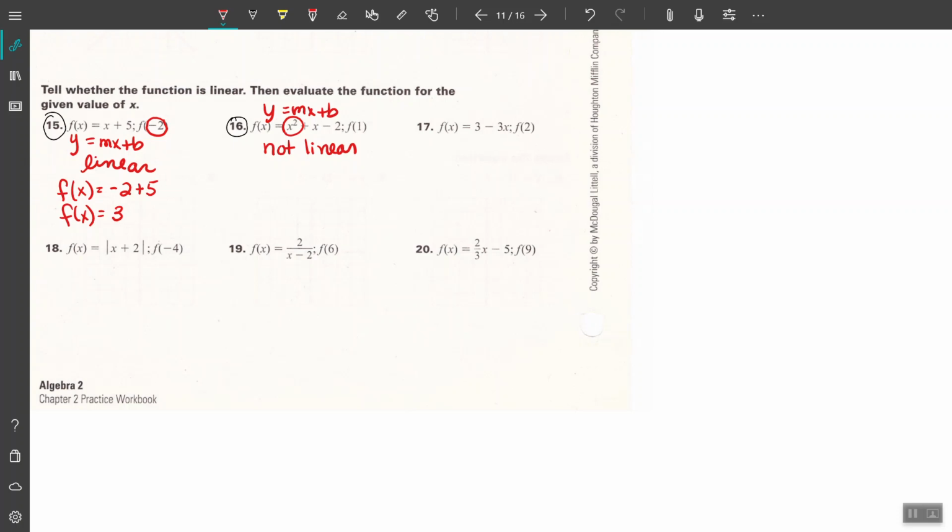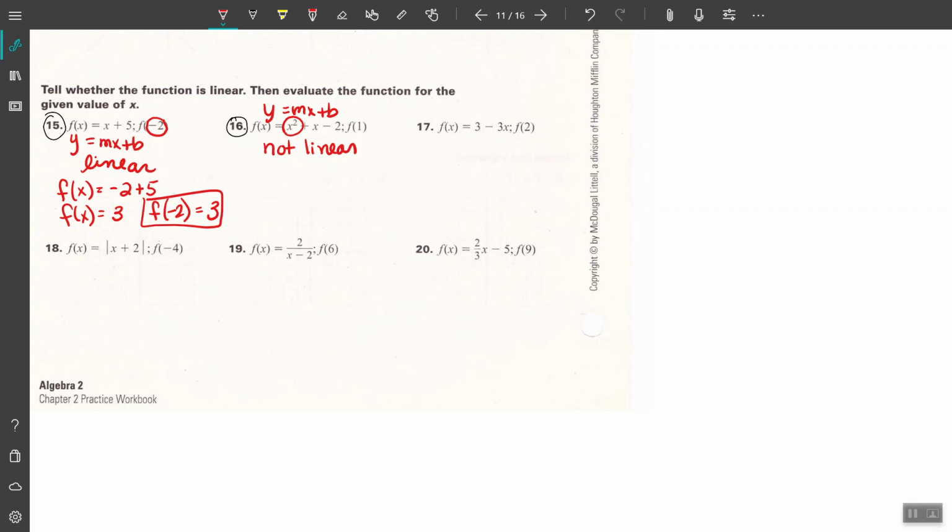Another way to write that, and we'll get into this a little bit later in the book, is that when the x is -2, the value of the function is 3. You can actually put it all together, and that would be the most accurate way to answer this, because you have all that information in the same spot. Then you can get your coordinate point for that function from that answer.